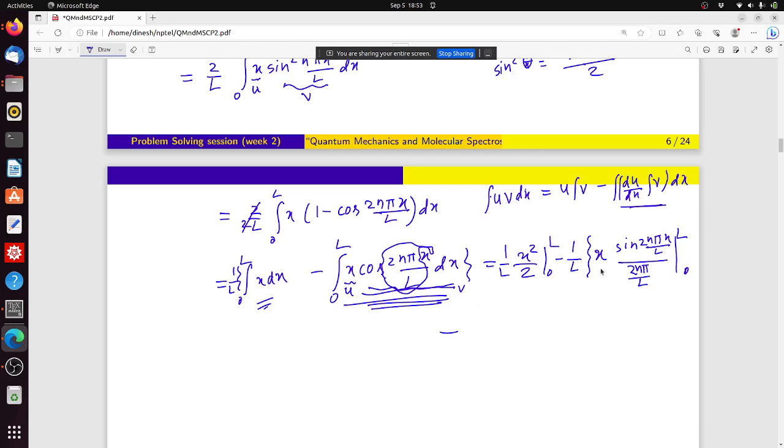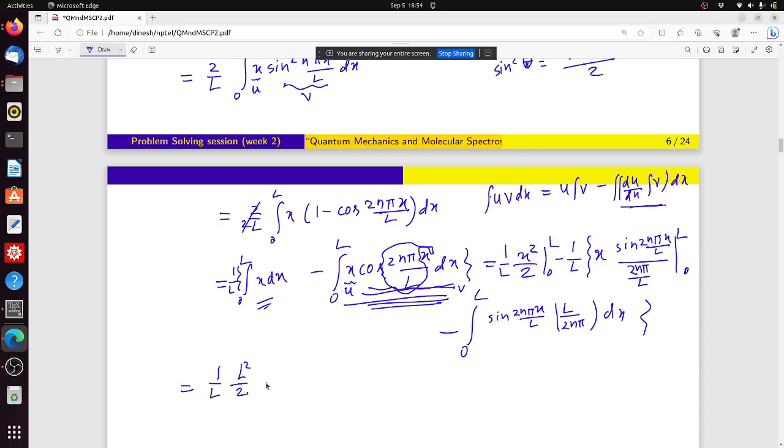Then minus the derivative of x, which is 1, times the integration of sine 2 n pi x over L, with this constant L over 2 n pi, dx from 0 to L. So this part is 1 over L, L square over 2, this part I am writing.